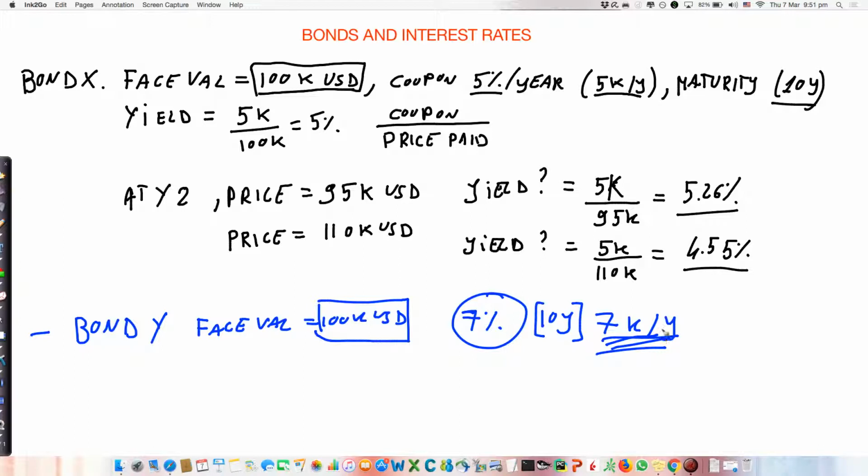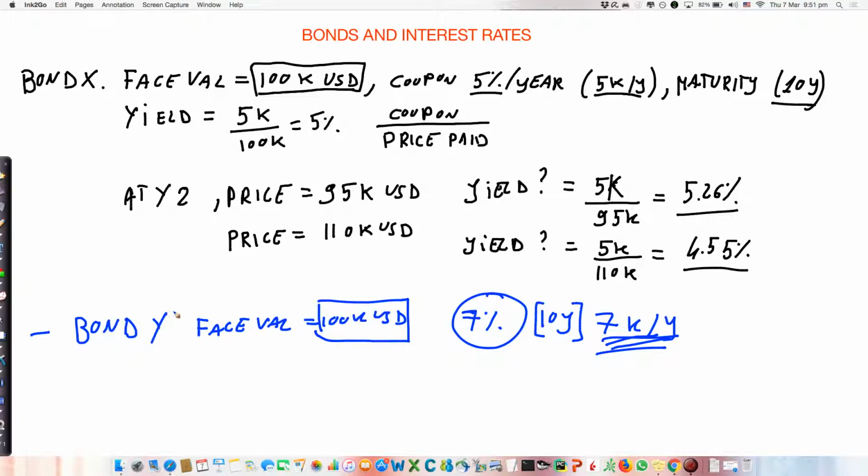Now, you will realize that if I have the choice between a bond that pays me 7K and I have to invest 100K, and a bond where I have to invest 100K and I get 5K, of course I will take this one, right? So what happens in this case to bond X?